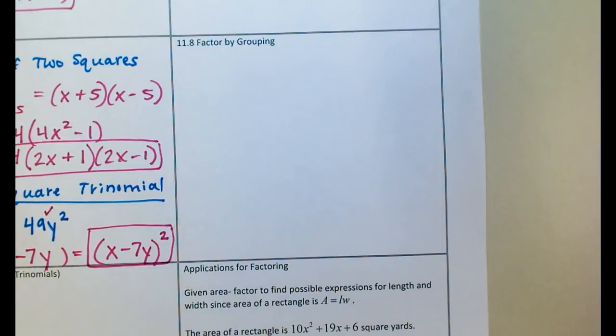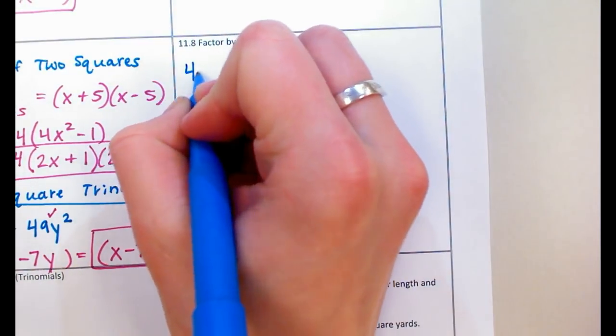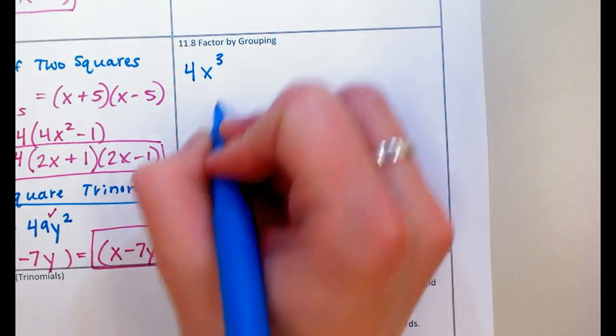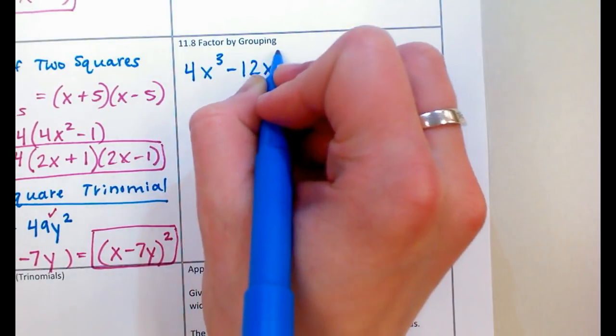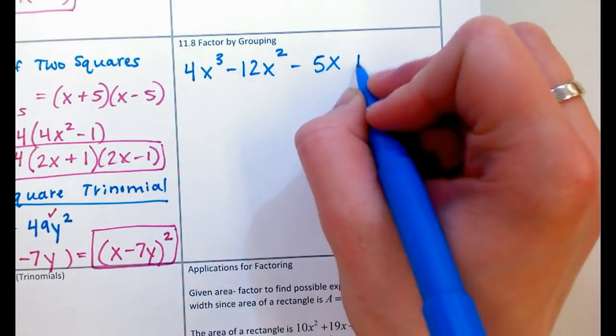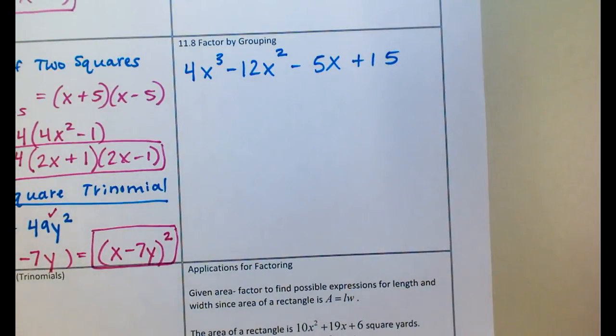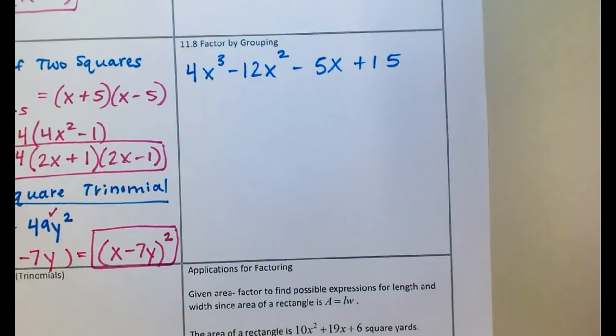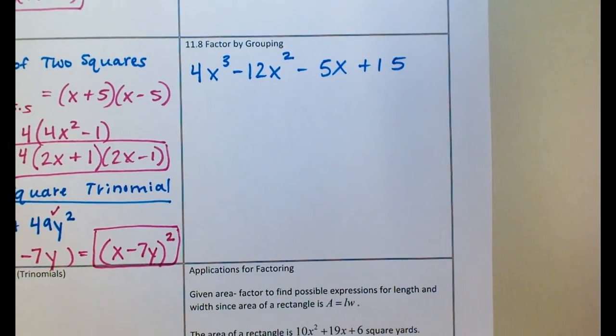11.8, we did factor by grouping. So for example, this is when we had our four terms. 4x cubed minus 12x squared minus 5x plus 15. Here we look for a GCF in the beginning, which this does not have a GCF between all four terms.